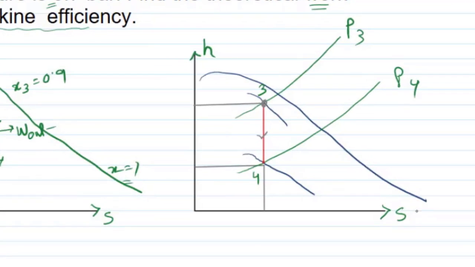In the H-S diagram, point 3 is at the entry of the turbine, and point 4 is the exhaust of the turbine. For point 3 the pressure P3 is given as 6 bar, and point 4 is the exhaust pressure, or the condenser pressure, equal to 0.7 bar.